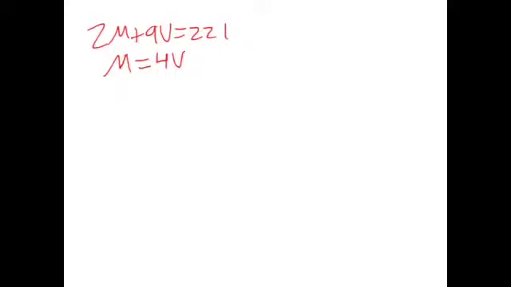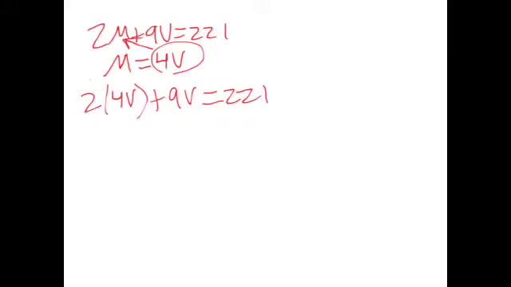Let's solve the system. And I'm going to do substitution again because M is just 4V. So I'm going to take that 4V and put it where M is in my other equation. So I'm going to have 2 times 4V plus 9V is going to equal 221. Well, 2 times 4 is just 8, so I have 8V plus 9V equals 221. We'll combine those to make 17V equals 221.